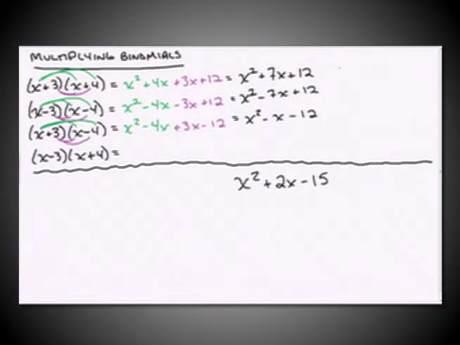And finally, when we multiply these last binomials together, we get x squared plus 4x minus 3x minus 12, and combining gives us x squared plus x minus 12.